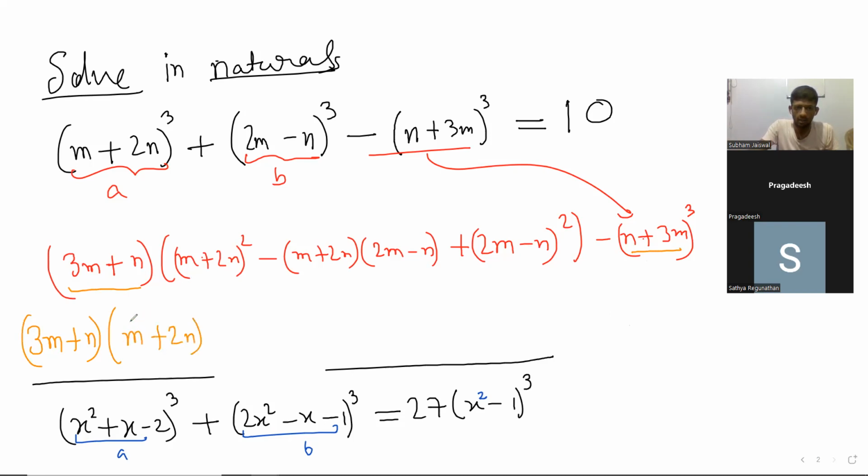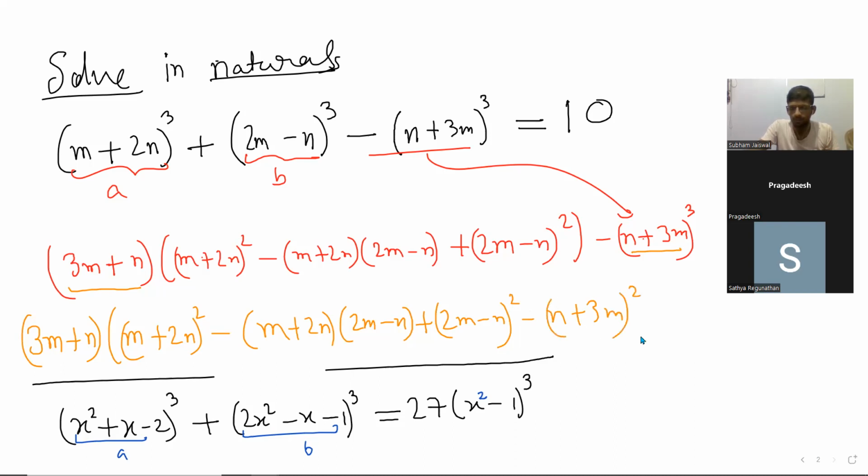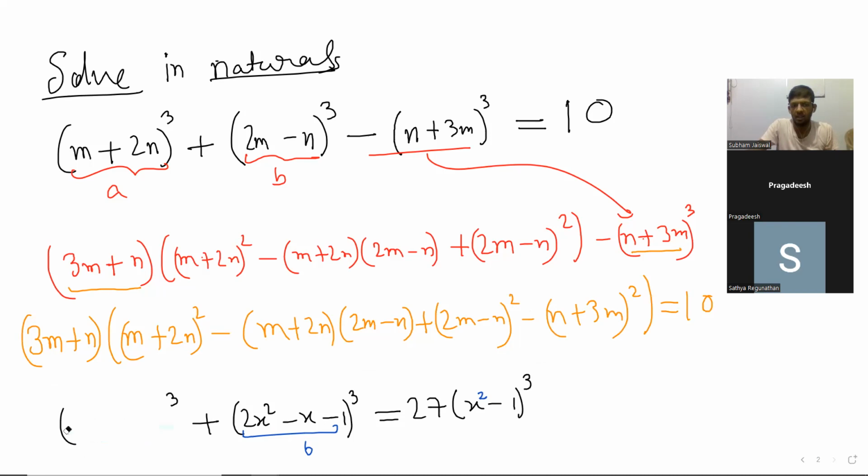Let's write it. Now, again, I understand it looks like a very tedious thing to do, but that is because we are still just in the beginning of this. Now the task would be to factorize the thing inside the bracket.